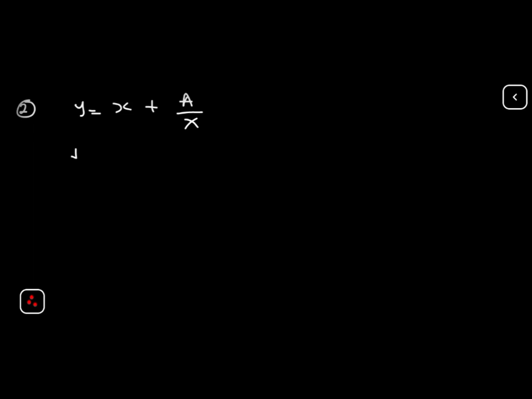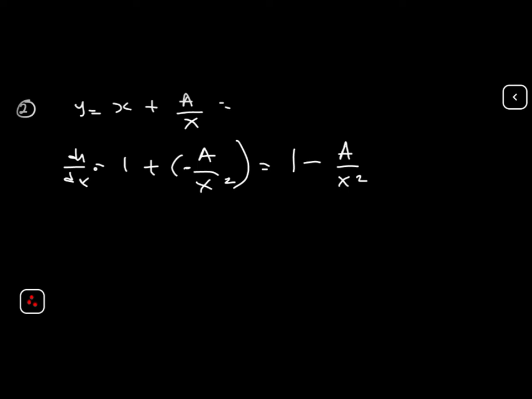So we would have dy/dx is equal to 1 plus a over x squared, which is 1 minus a over x squared. You know that this can as well be rewritten as a times x to the power of minus 1.